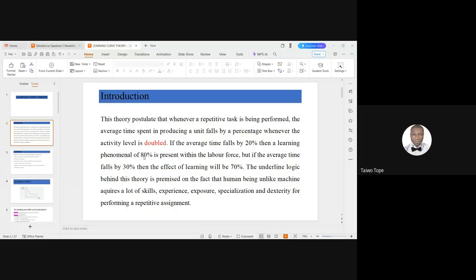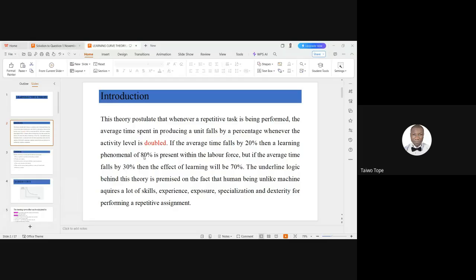So that is the effect of learning. I said the learning curve is a concept that shows how individuals, organizations, workers, teams become more efficient as they repeat a particular task over and over again.